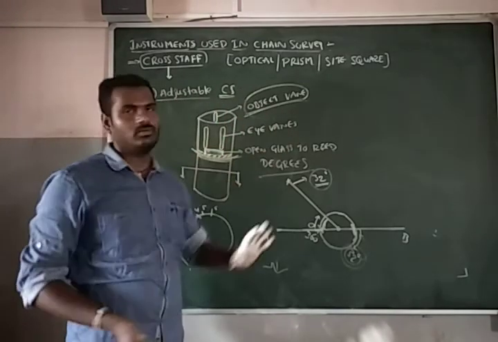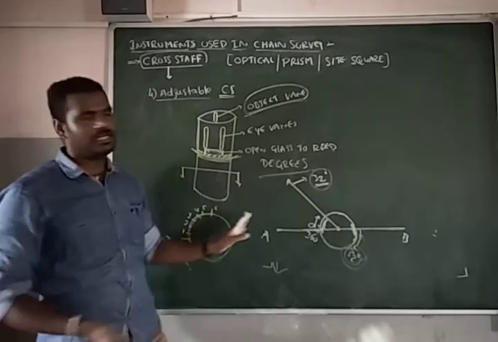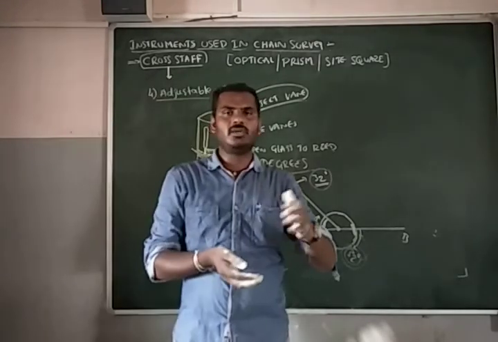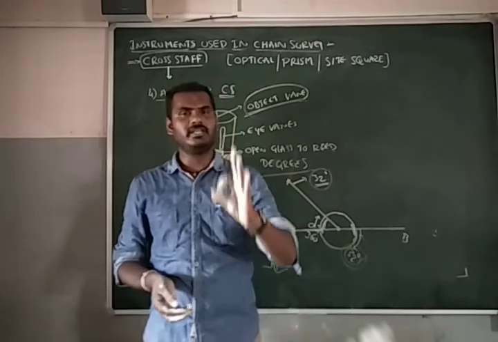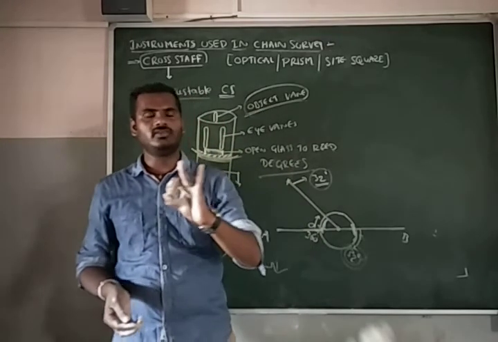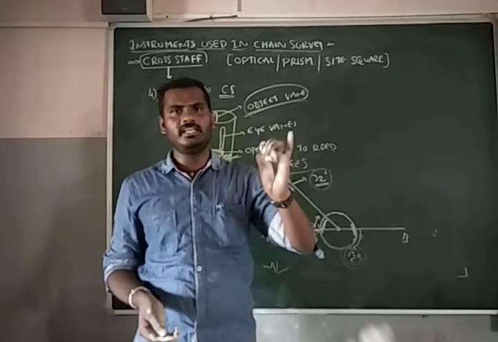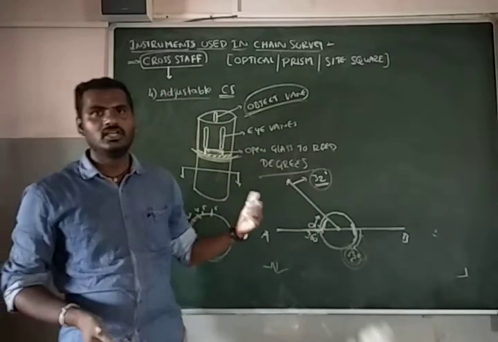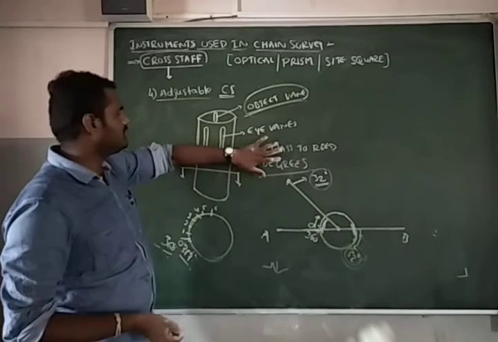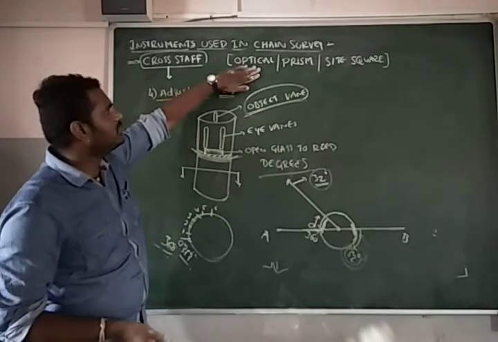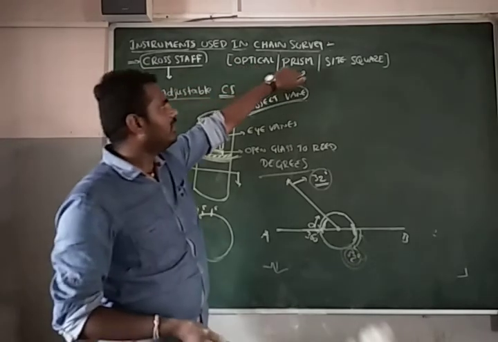So this is how, by using these cross staffs, we can project a perpendicular offset, a 45 degrees offset, in the sense of an oblique offset at any degree by using this adjustable one. Not only this, in addition to these, we have some other equipments. They are optical square, prism square and side square.